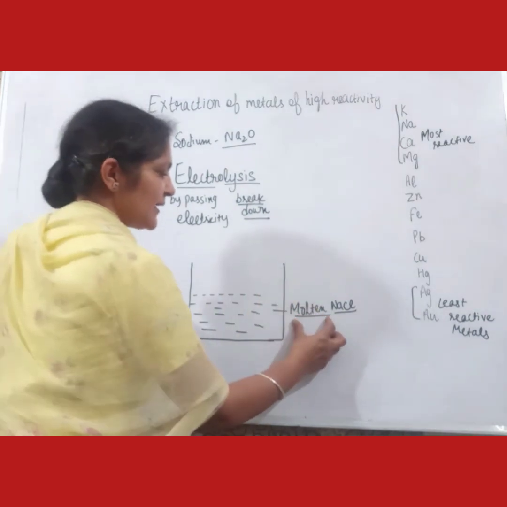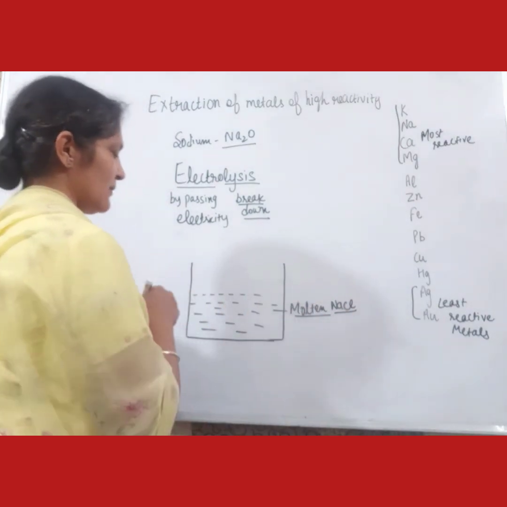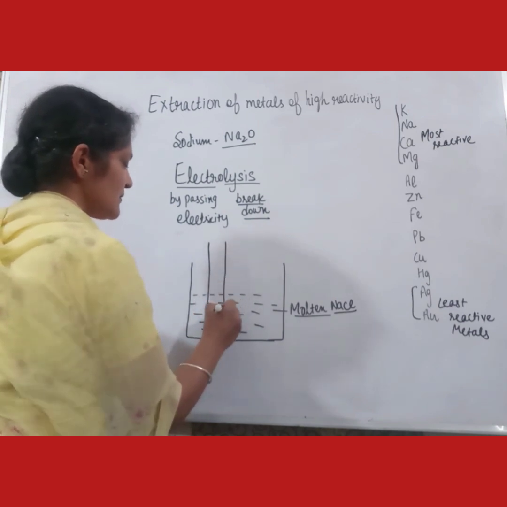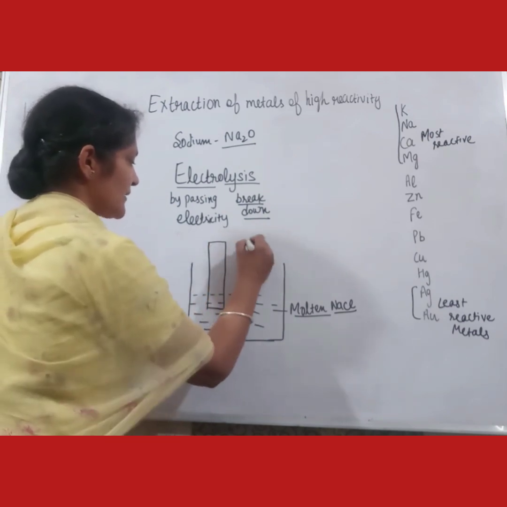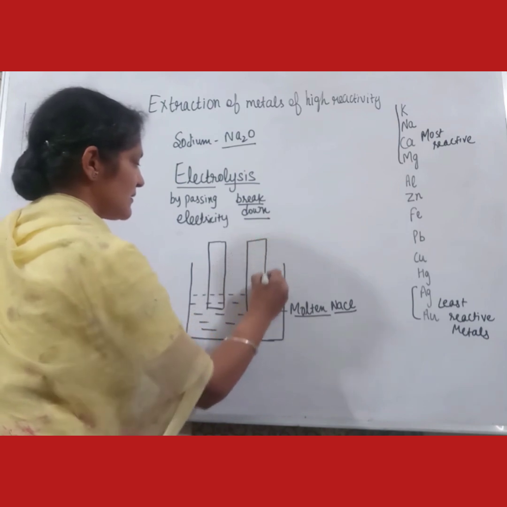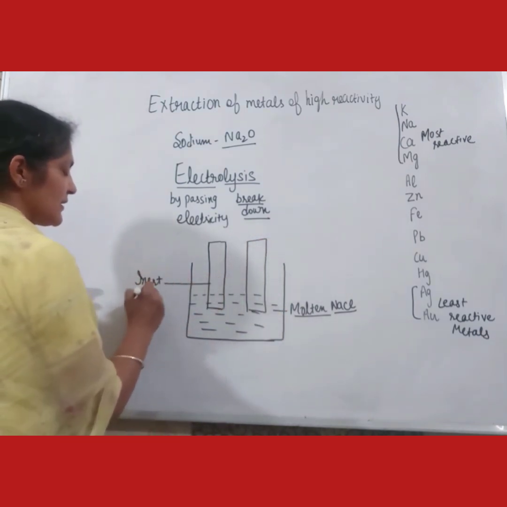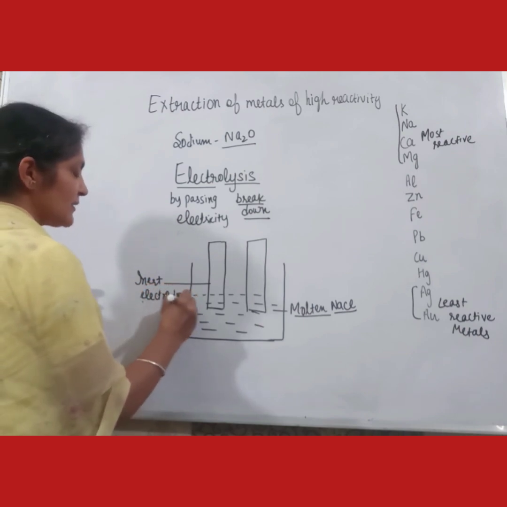But now, we will take molten sodium chloride, and here we will take two electrodes. These electrodes will be inert electrodes. Inert electrodes means they are not reactive themselves.